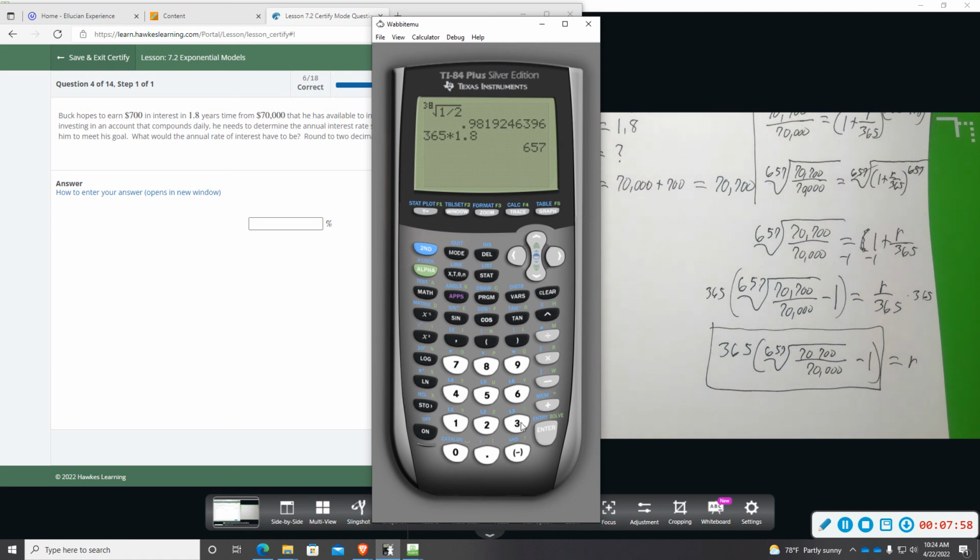So I'm going to do 365, parentheses. I'm going to do 657, math, and then option number 5. And then I'm going to go ahead and make that into a fraction. So I'm going to do alpha y equals into, and I'm going to do 70,700 over 70,000.